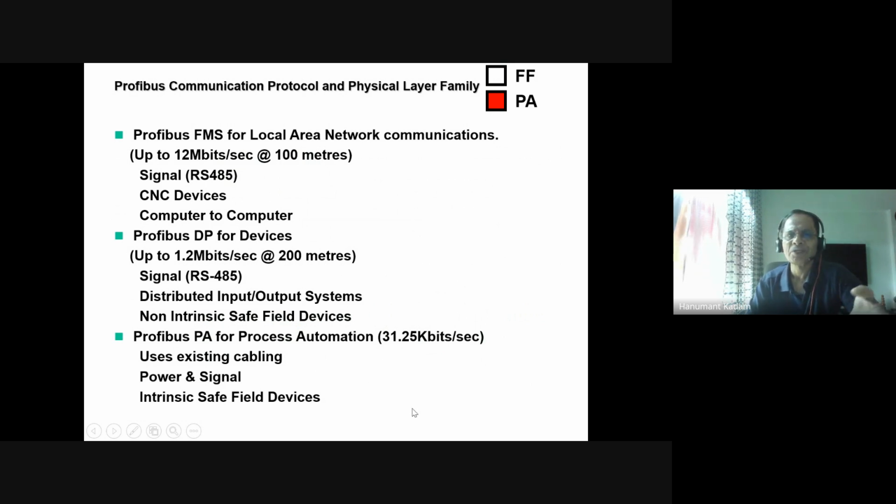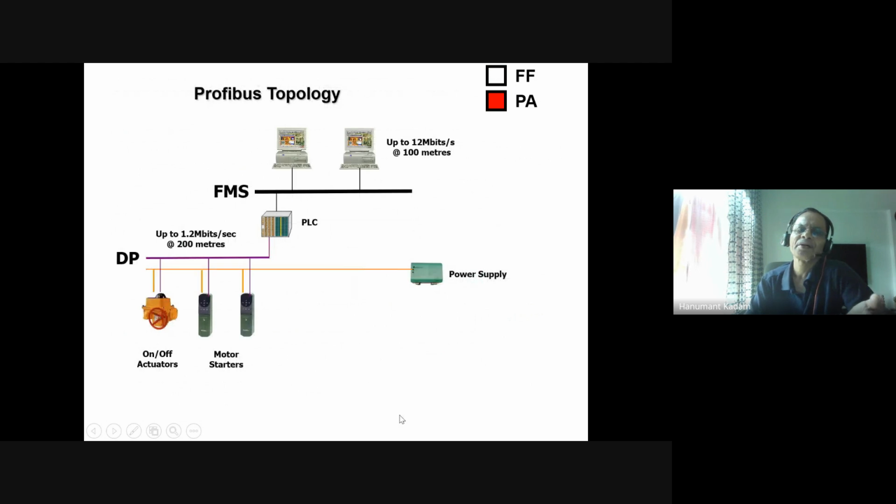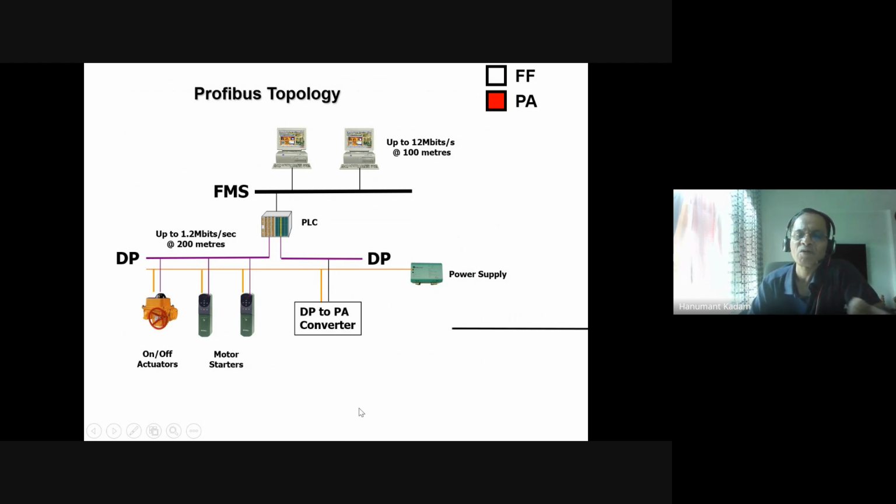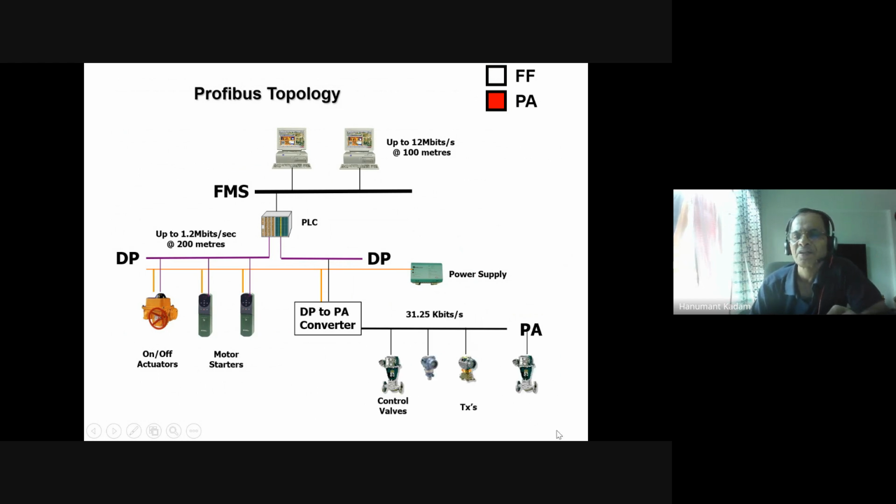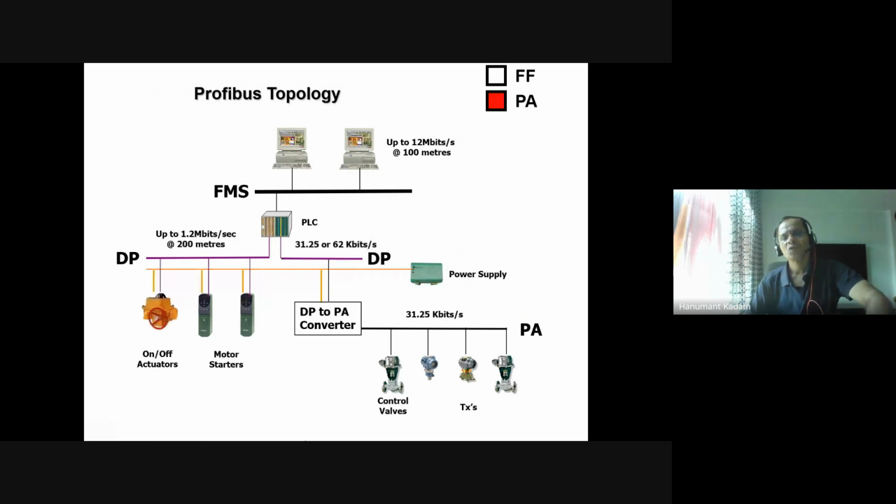The PA topology we'll see here, and DP also. This FMS is a control network. You can see these devices, motor starters and all electrical devices; mainly this protocol is very reliable and popular. A DP to PA converter is required here, and on this PA are your actual process automation devices. These are electrical automation devices. So this is a Profibus topology.